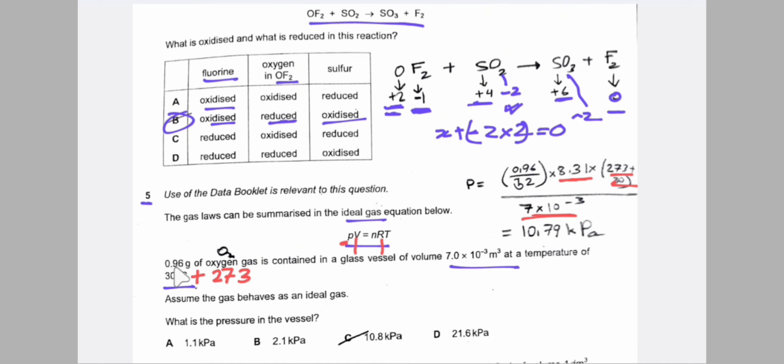The number of moles of oxygen is the mass of oxygen divided by Mr of oxygen, that is Ar of oxygen is 16 and 2 oxygens, so times 2, that is 32. Pressure is nRT divided by volume. So after calculating we get the pressure, that is 10.79 kilopascal, that is C.